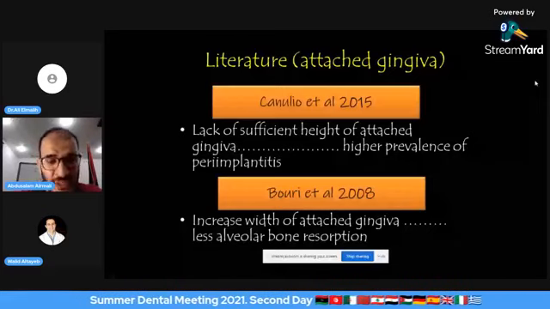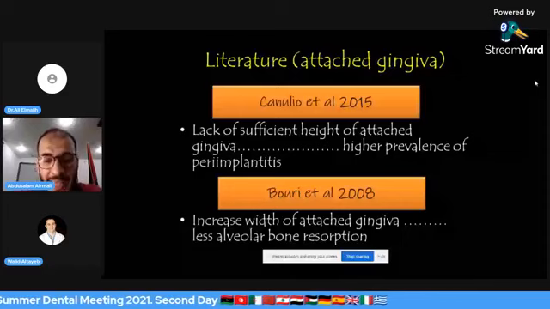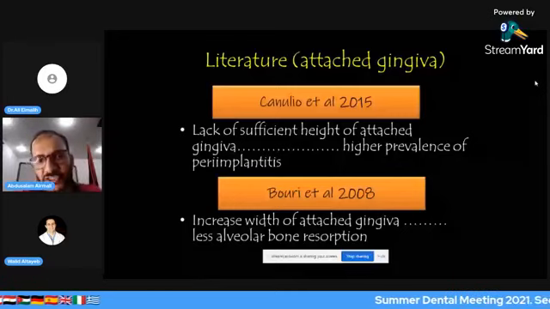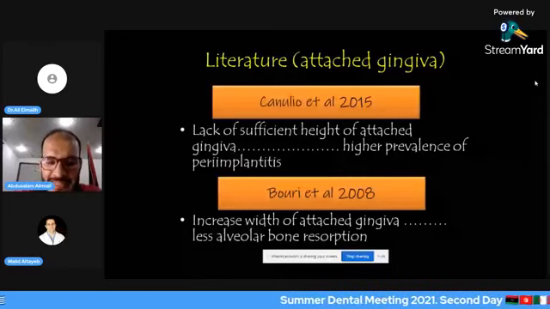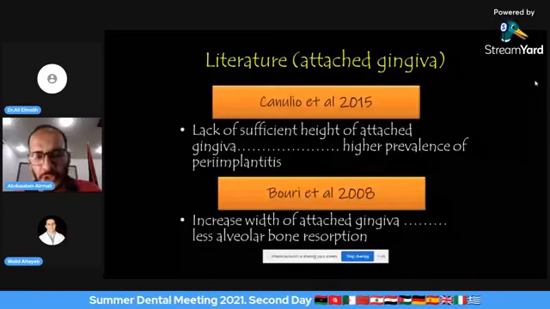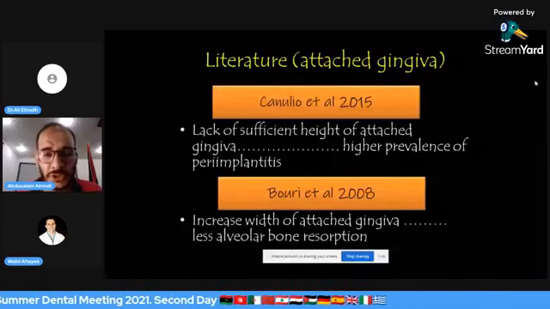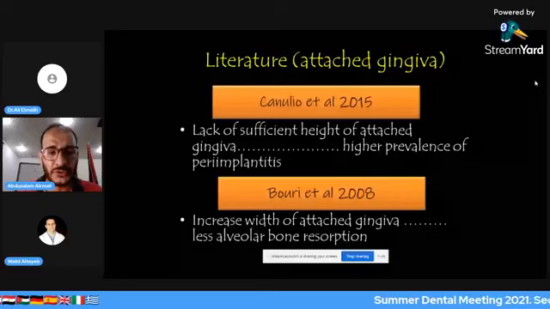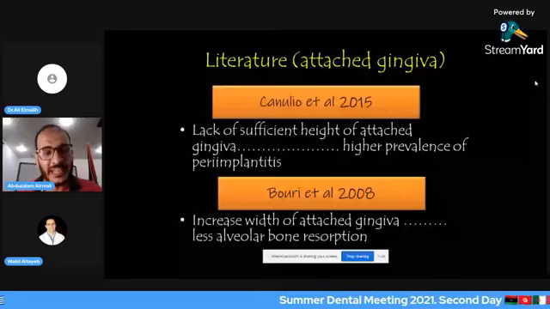Also, we need 2 to 3 millimeters of height and thickness of soft tissue around the implant, which is called the transmucosal zone, to decrease the chance of bone resorption. So there is no doubt about the importance of keratinized gingiva and soft tissue around teeth to prevent bacterial invasion and decrease inflammation, peri-implantitis and peri-mucositis.